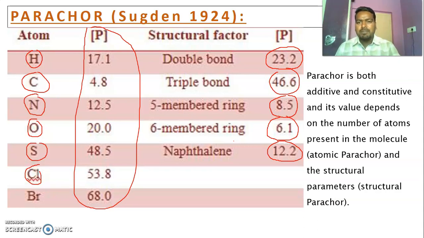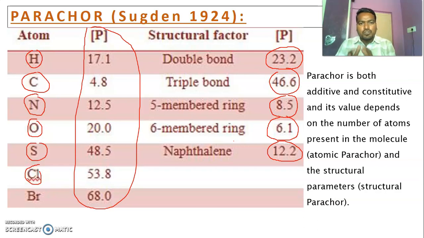So now let us apply these values and calculate the Parachor value. Dear students, we can calculate the Parachor value in two ways. One way is the standard Parachor formula: by knowing the surface tension, the density of the liquid and the molar mass, we can calculate the Parachor value.